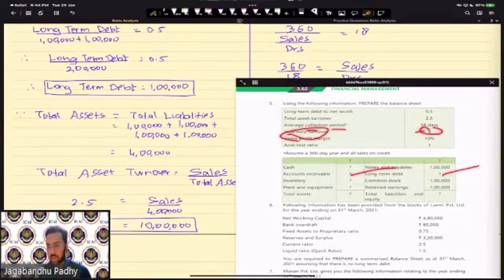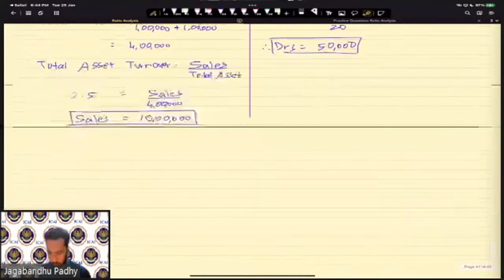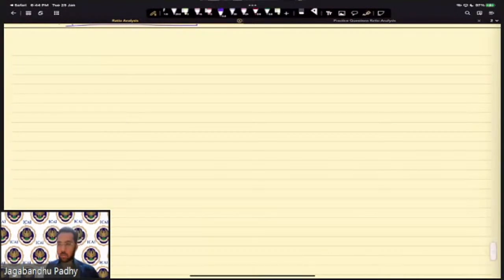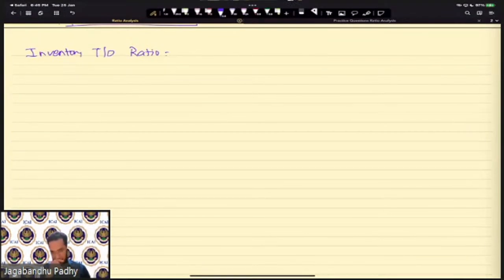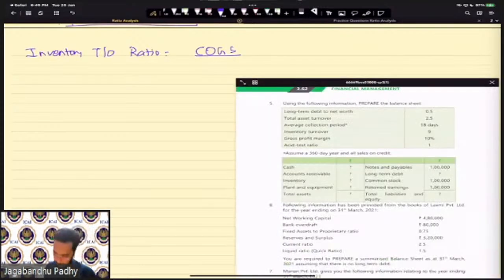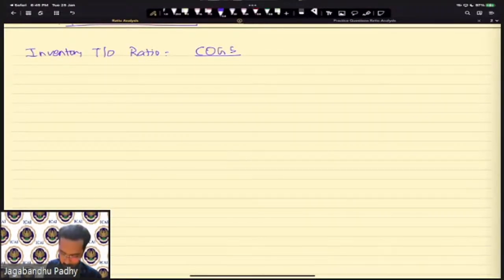So average collection period is used. Now we have to use the inventory turnover ratio. Inventory turnover ratio is computed as COGS upon inventory or average inventory.